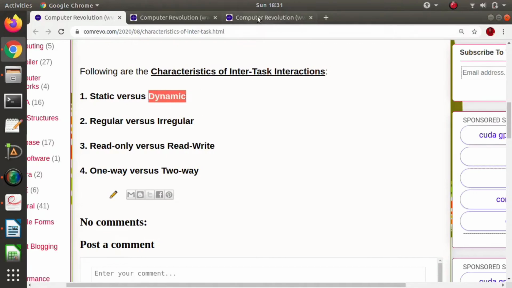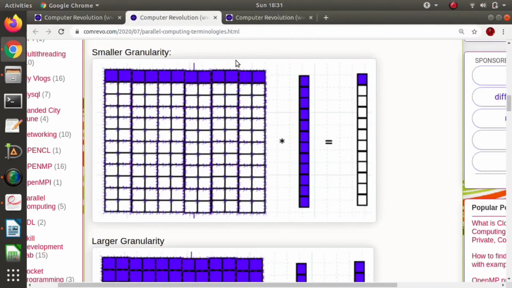For example, look at this matrix multiplication. For this, calculating this value is one task, calculating this value is another task, calculating this value is another task. For these tasks, it requires this information, as all these tasks are sharing this information.